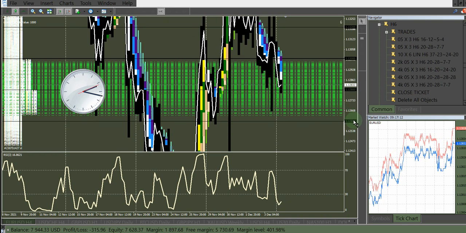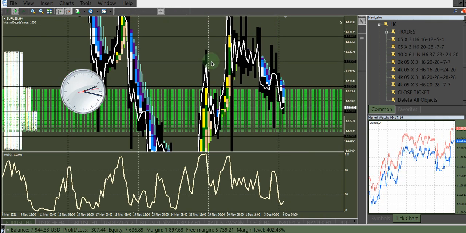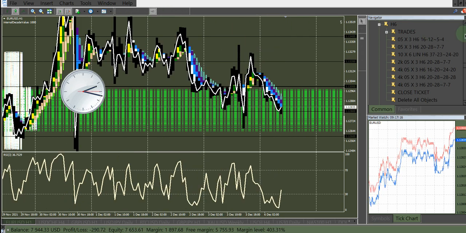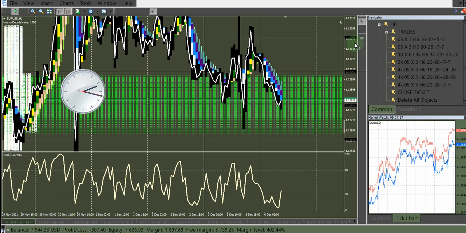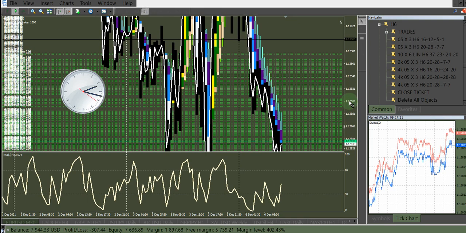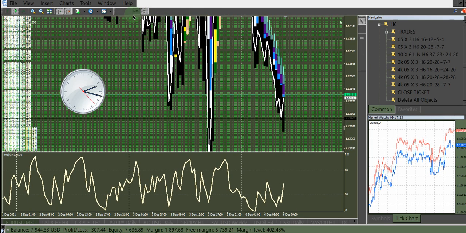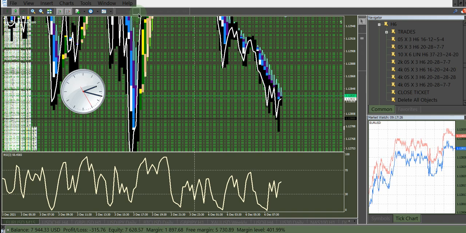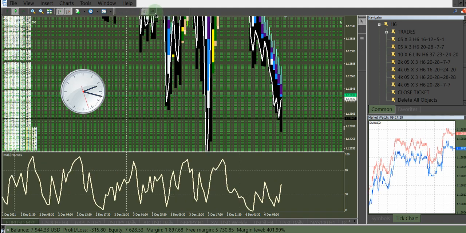Here's the 4-hour chart. 1 hour chart. Half hour. 15. So the 1 hour chart.